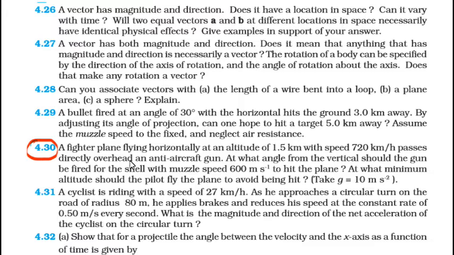At what angle from the vertical should the gun be fired for the shell with muzzle speed 600 meter per second to hit the plane? At what minimum altitude should the pilot fly the plane to avoid being hit? Take g is equal to 10 meter per second square.